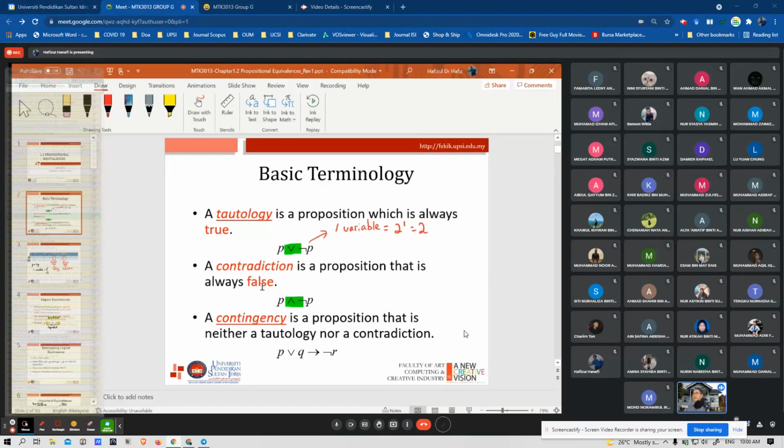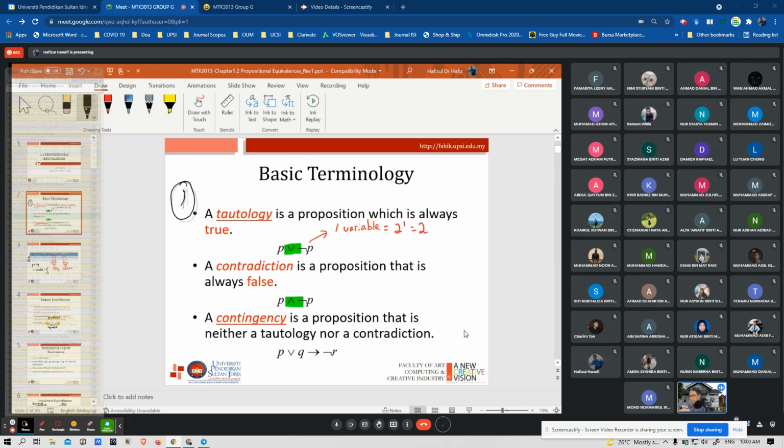Okay, and then the terminology. A tautology is a proposition which is always true. We have first, tautology. And then a contradiction is a proposition that is always false.